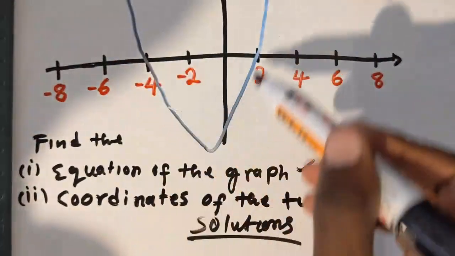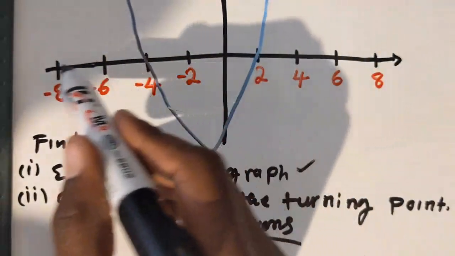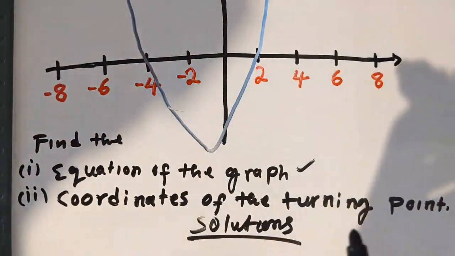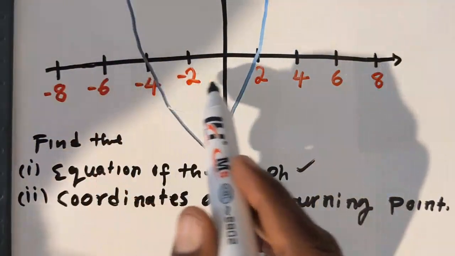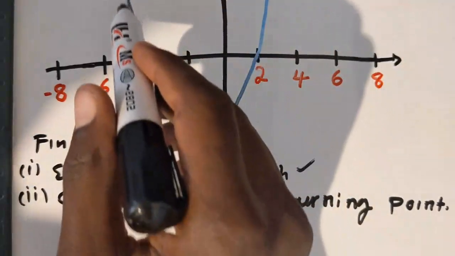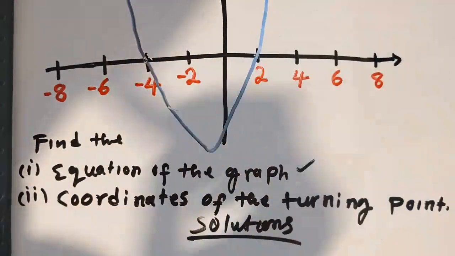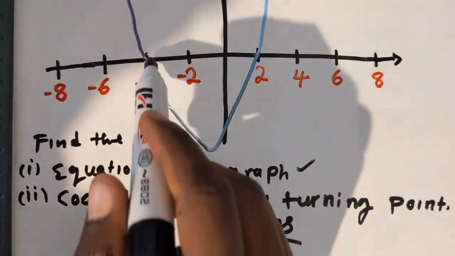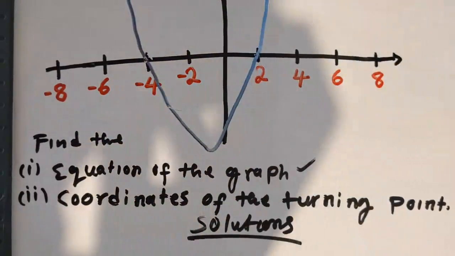So here this is the x-axis, this is the y-axis. The graph cuts the x-axis at this point and at this point there. And what you need to know is that where the graph cuts the x-axis, y is equal to 0.